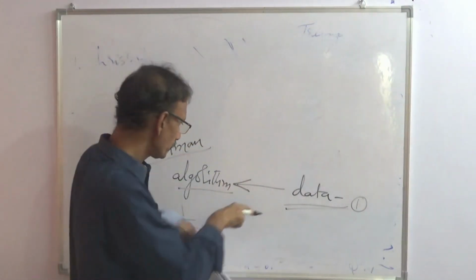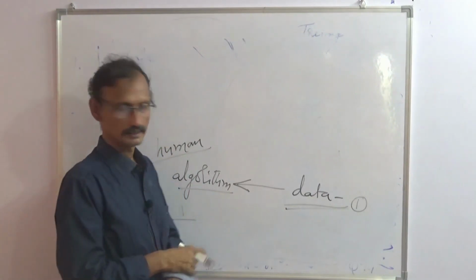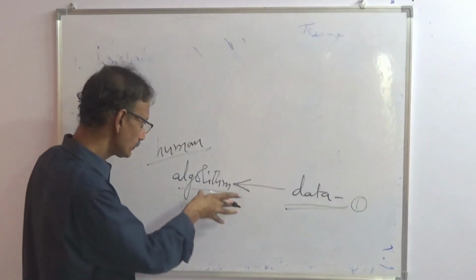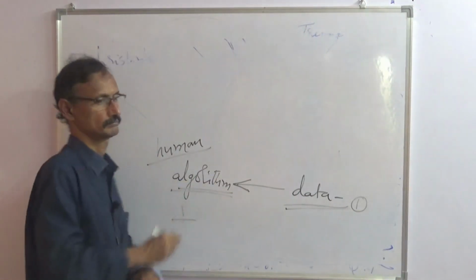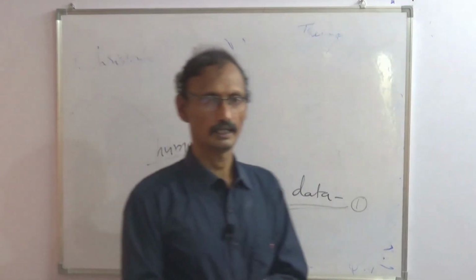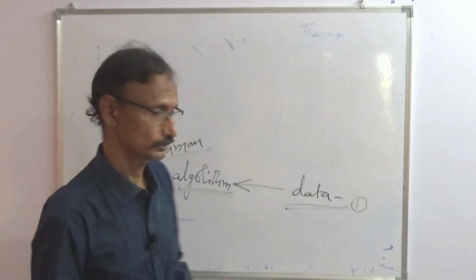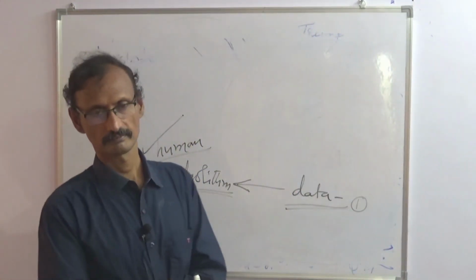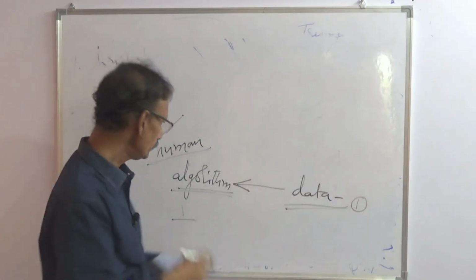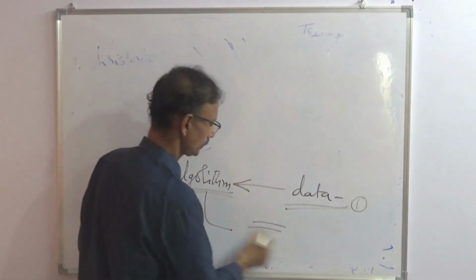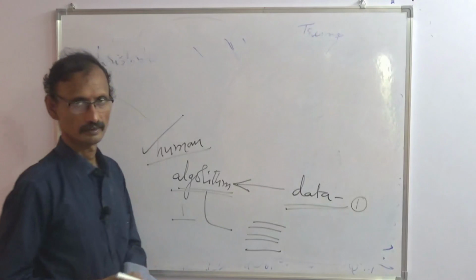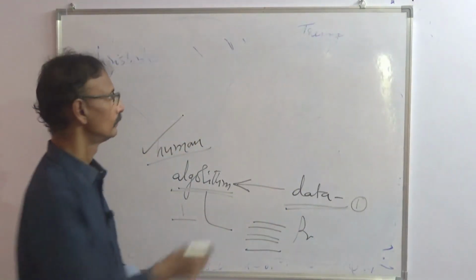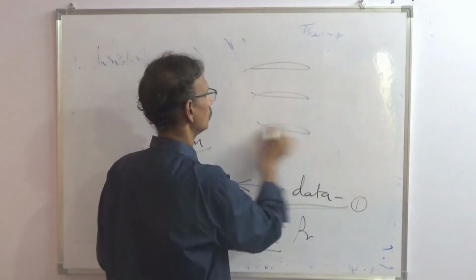I want you to pay attention to the sequence. It is not data in itself. Data categorized in a particular way is algorithm. And that particular categorization is a human activity. And then with algorithm, you classify, develop the profile, and then segmentation.